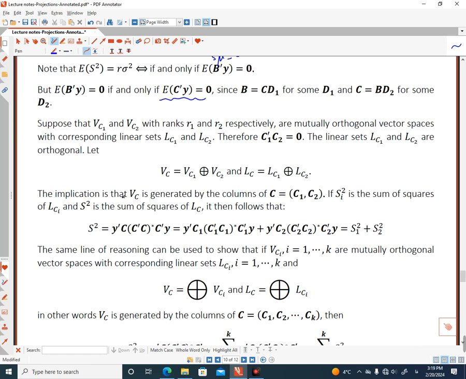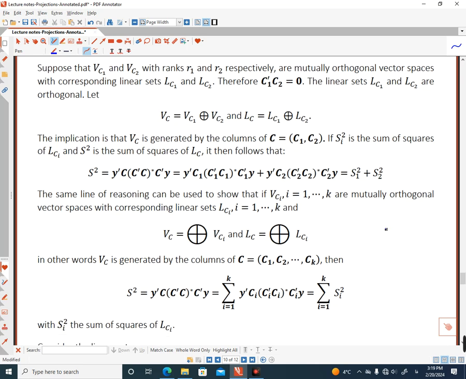The implication is that VC is generated by the columns of C1 and C2. If we represent S_i squared as the sum of squares of LCi, which we just discussed, then I can write the sum of squares of LC as the sum of these two sums of squares. So I can write S squared as S1 squared plus S2 squared.